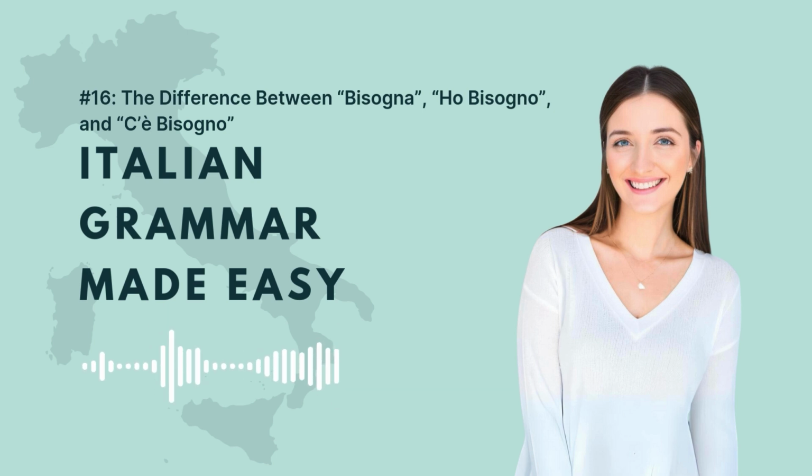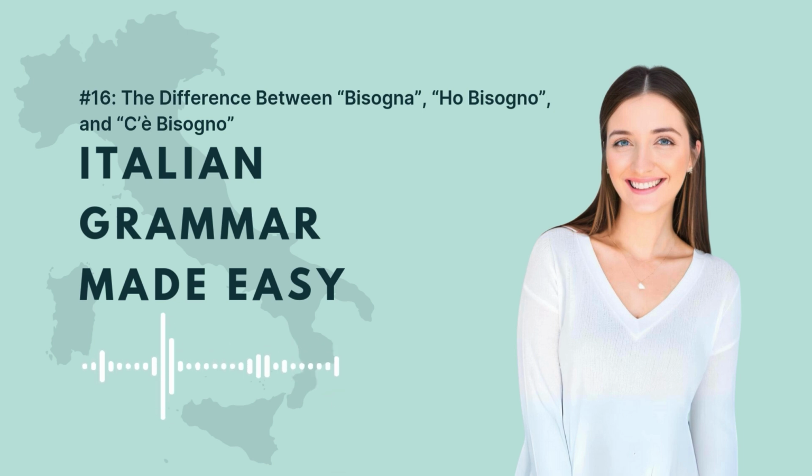Ho bisogno is usually followed by di plus either a noun or an infinitive. For example, ho bisogno di un caffè. I need a coffee. In this case, ho bisogno is followed by di and then caffè, a noun.